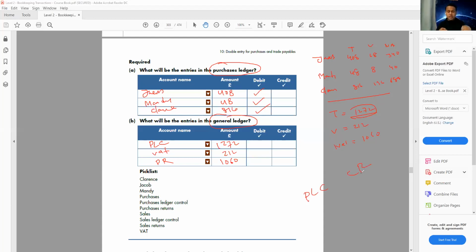If I want to reduce it, I want to make it down. So will my purchase ledger control be debit or credit? It will be debit. Why? Because I'm going to pay them less money. This amount I'm not going to pay to my supplier, so I'm going to minus it. Minus means debit, because normally purchase ledger control is a credit. I want to reduce it, so I make it debit.